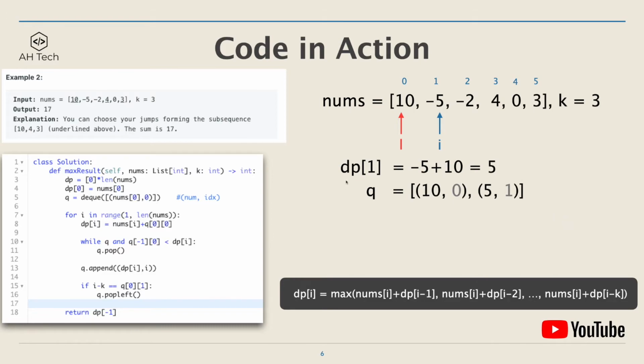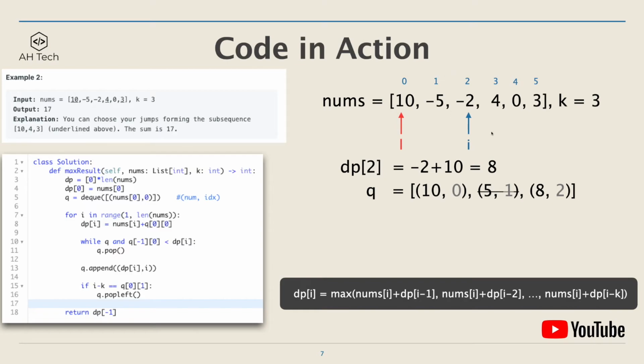And next is to push the dp value 5 and its index 1 into Q. And since 5 is smaller than the element in Q, 10, this element will not be popped out.